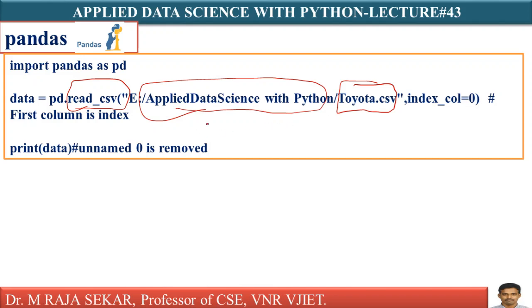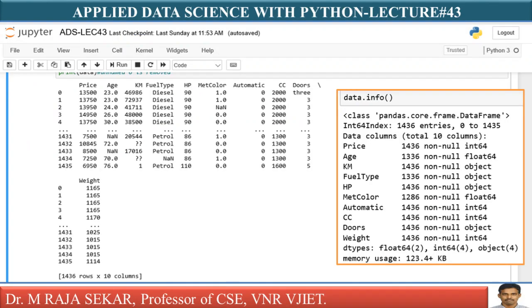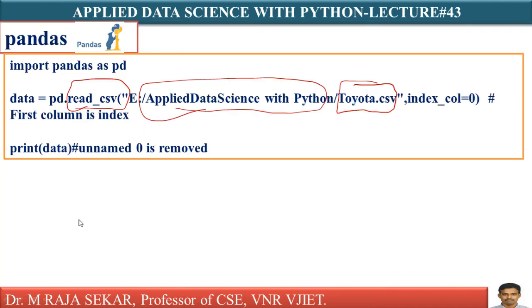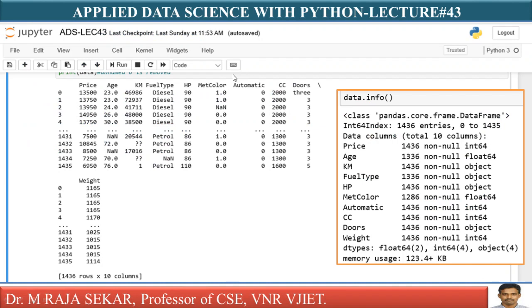We already discussed this particular statement many times. Because of that, we get a data frame. Print data means we are printing this data frame. If you observe carefully, just see how many rows are there. There are 1436 rows and 10 columns.